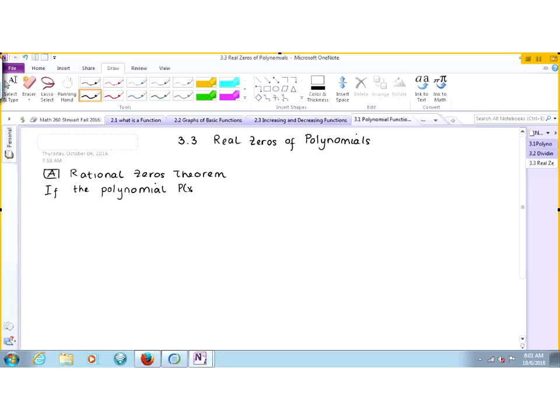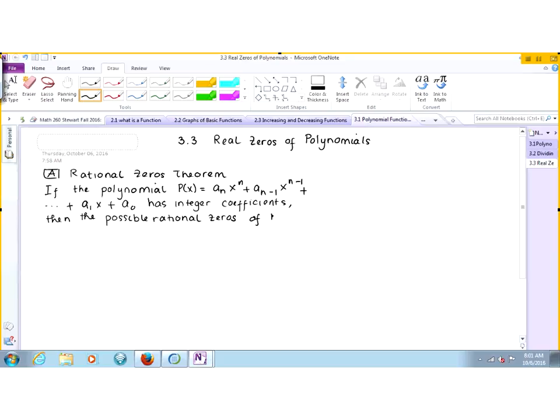Okay. So if the polynomial p of x equals a_n x to the n plus a_(n-1) x to the n minus 1 plus and so on, plus a_1 x plus a_0, has integer coefficients, then the possible rational zeros of p of x have the form plus or minus p over q, so both positive and negative.